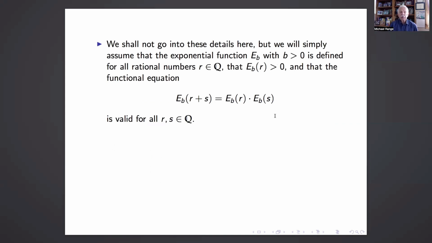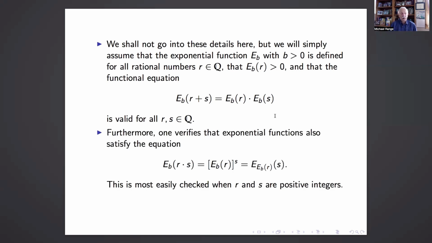We shall not go into these details here, but we will simply assume that the exponential function E sub b with b positive is defined for all rational numbers r, and that E sub b of r is positive, and that the functional equation remains correct for all rational numbers r and s.